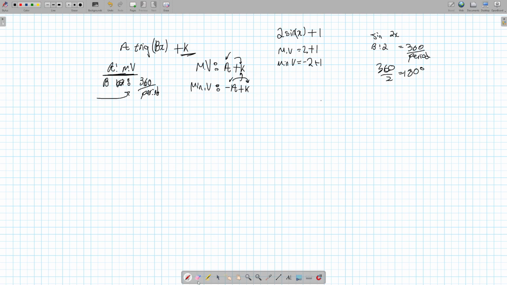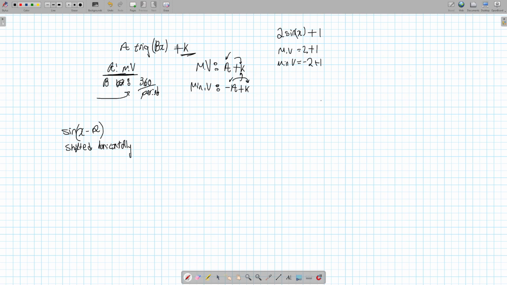Okay, what else do we need to know? Sometimes you can see something like this: sine x minus theta. When this theta is inside the brackets, or any angle, it basically means shifted horizontally. This one is characterized by vertical shift because you're shifting up or down.